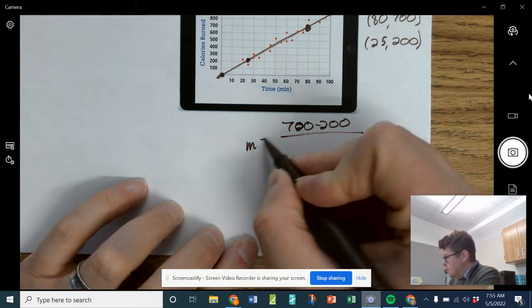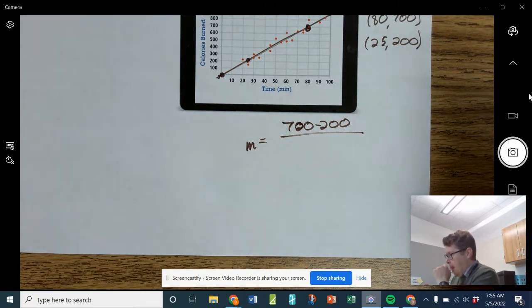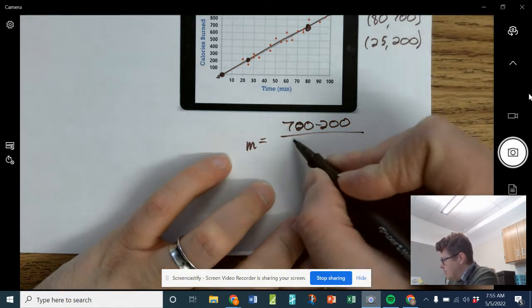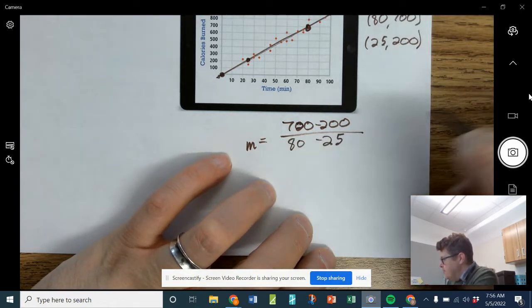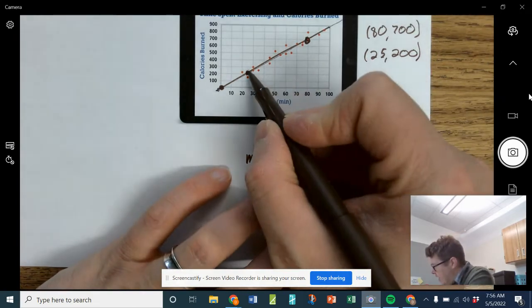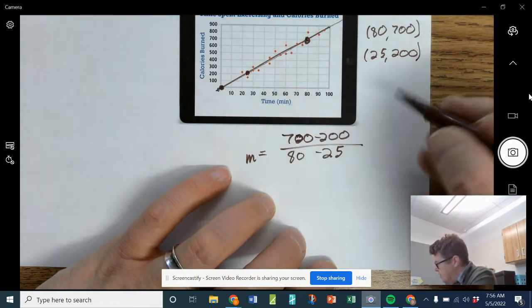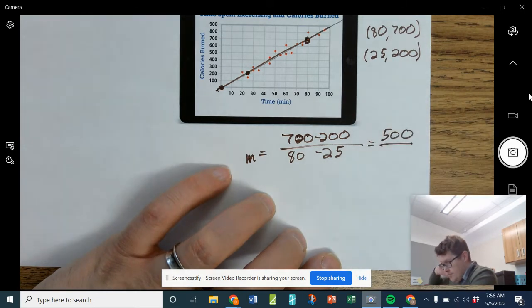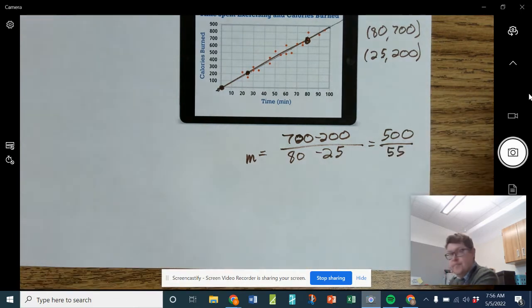Remember our slope is y2 minus y1 over x2 minus x1. So then 80 minus 25, because those are our x values. So this gives us 500 divided by 80 minus 25, which is 55.